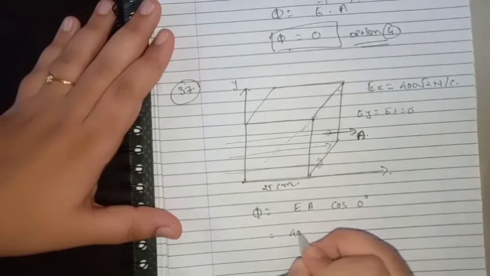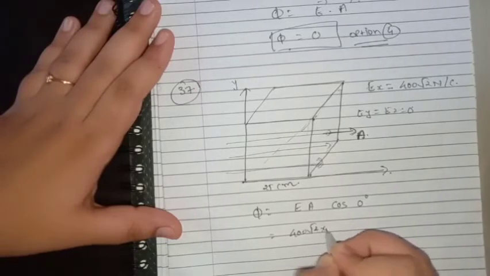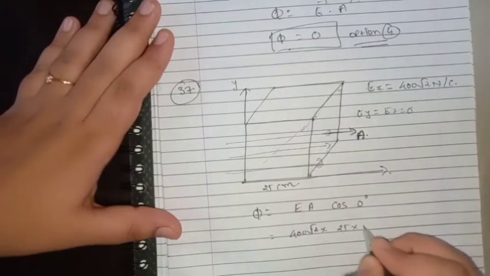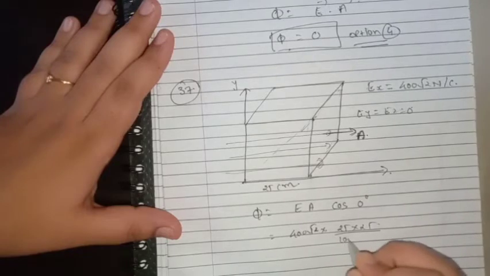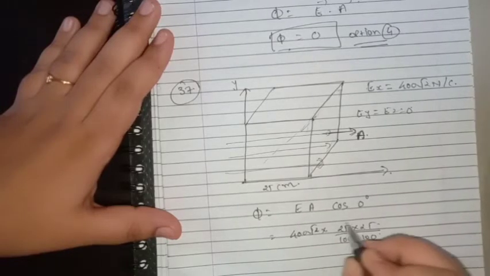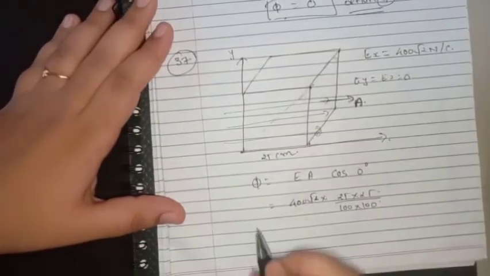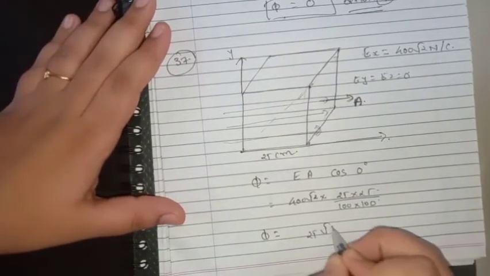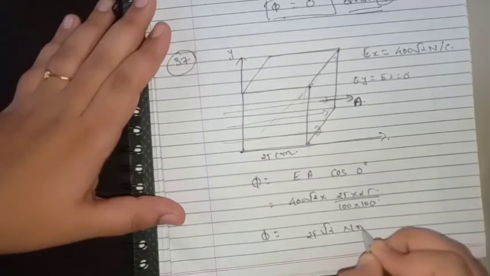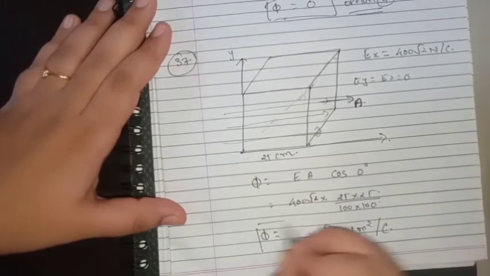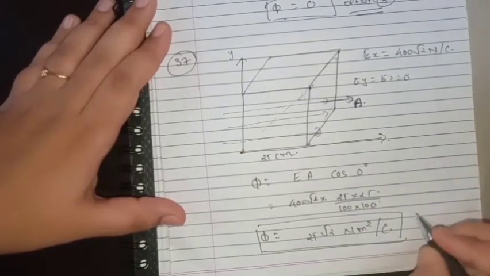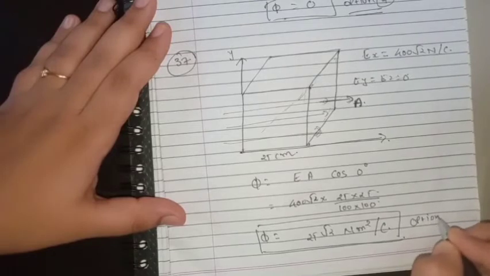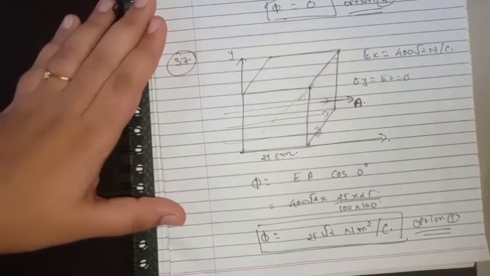Electric field is 400 root 2. Area is 25 into 25 divided by 100 into 100 because it is given in centimeter. Simplifying this, we will get phi is equals to 25 root 2 Newton meter square per Coulomb. So option 1 is correct option.